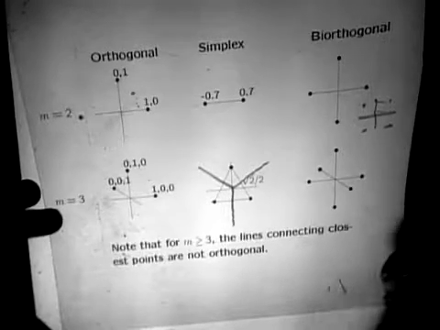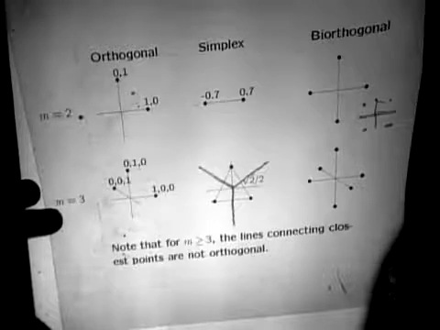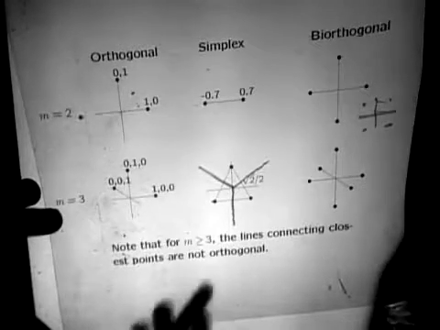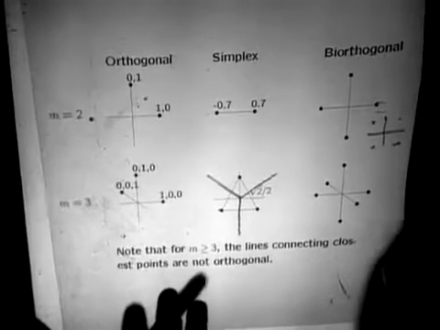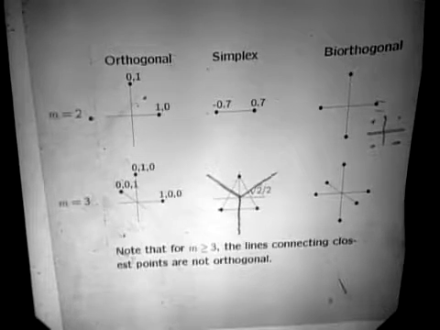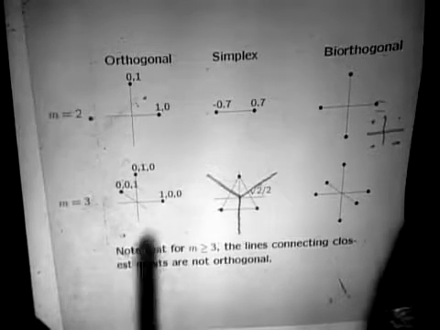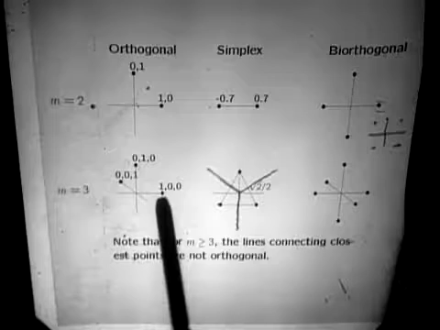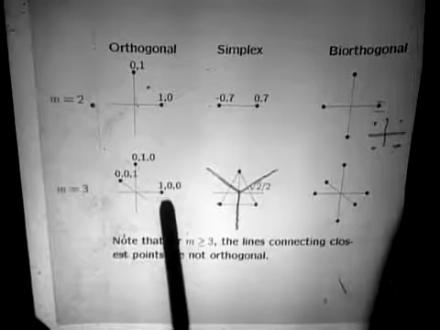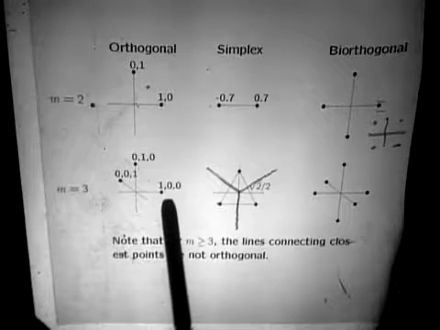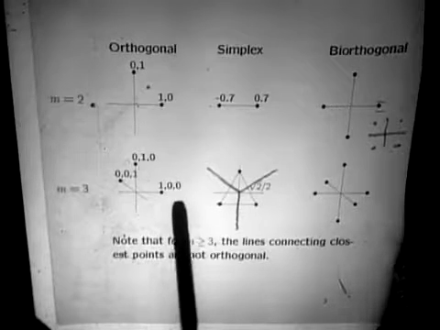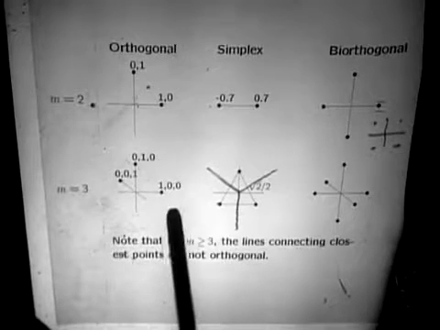I can change it in any way I want to, and the problem is still exactly the same. Okay, so all I'm going to do is try to find the error probability when I send this signal here. In other words, when I send 1, 0, 0, actually I'm going to send the square root of E and 0 and 0 because I want to talk about the energy here.